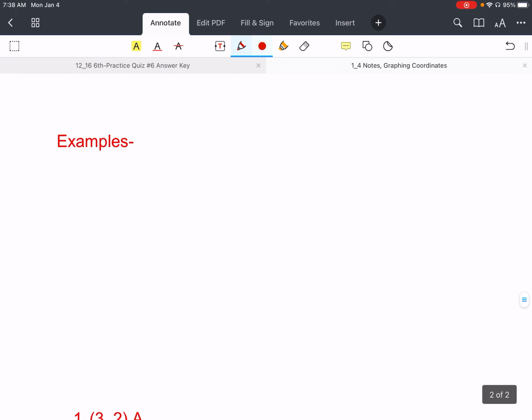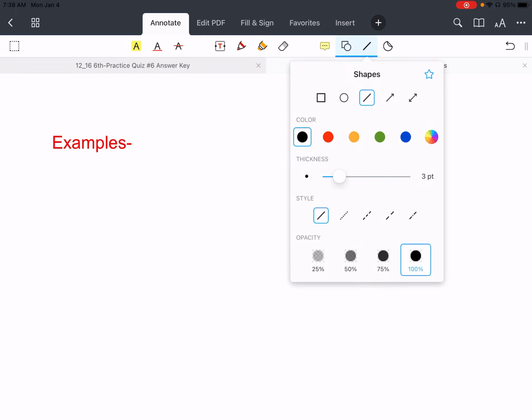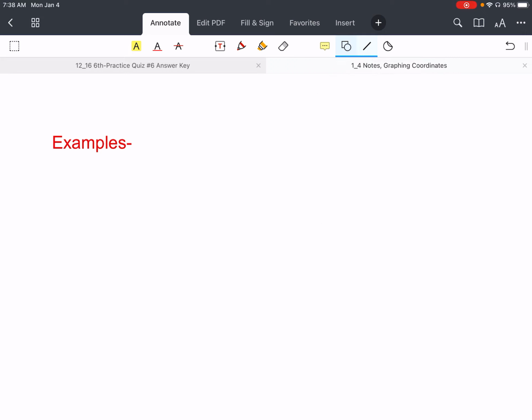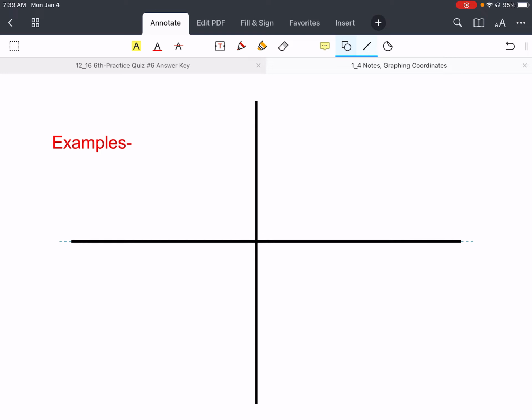So we're going to do some examples. On your assignment, you're going to be asked to draw a graph. So I'm going to draw one, make it straight. And I'm going to have numbers ranging from -5 to +5.